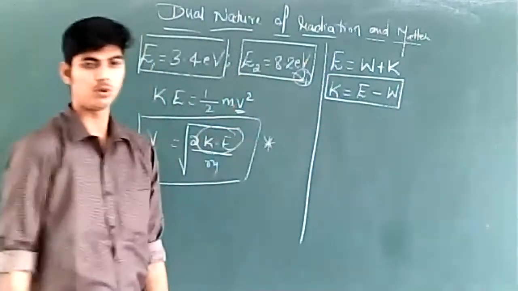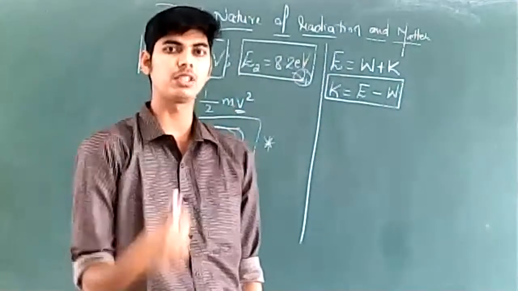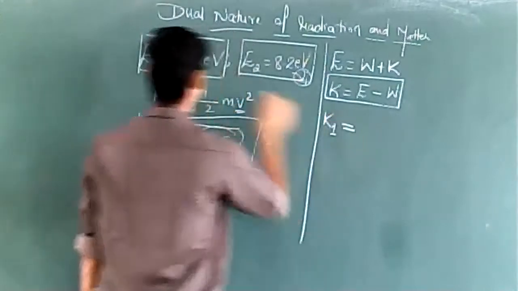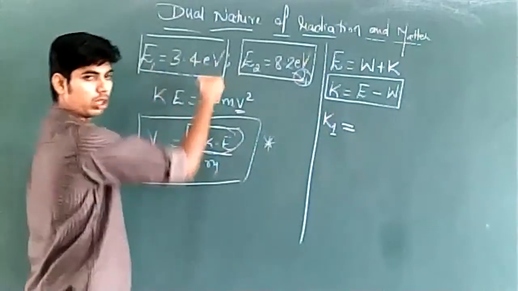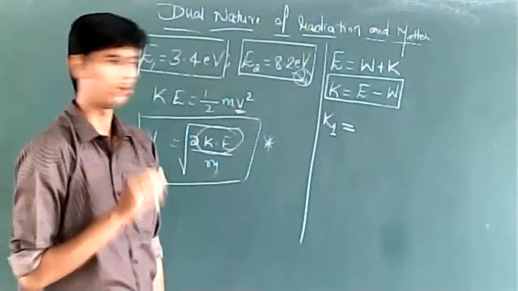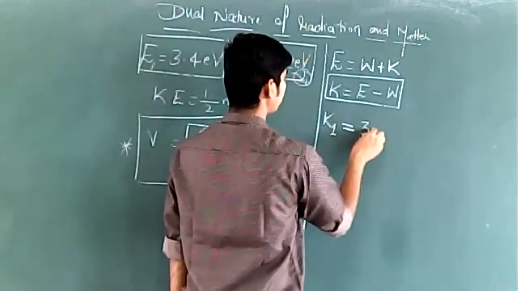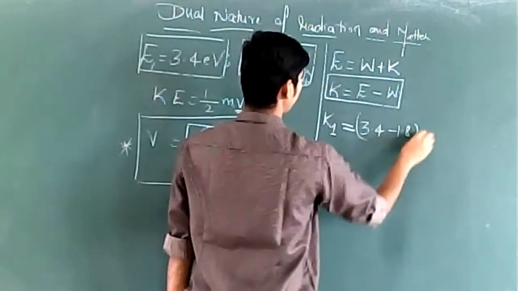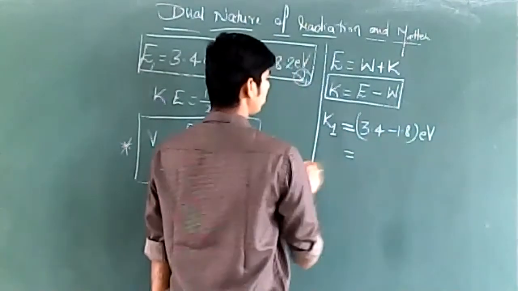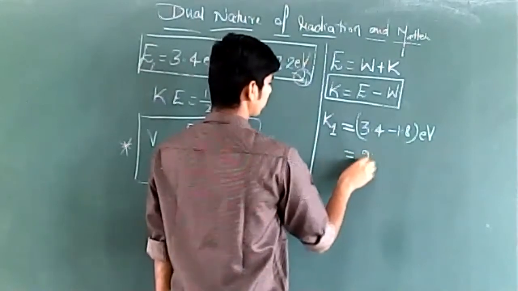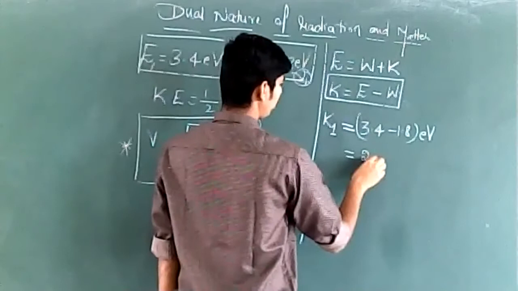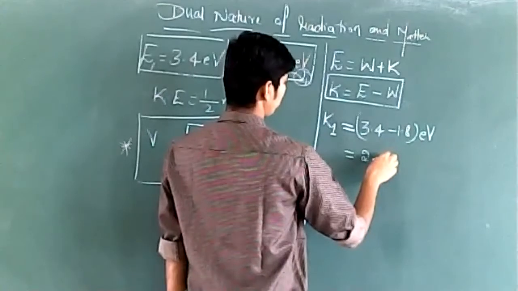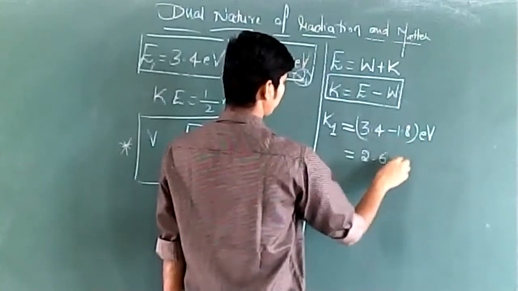So kinetic energy of the electron in the first case, when photons of energy 3.4 electron volt are incident on the metal surface, will be 3.4 minus 1.8 electron volt. This must be equal to 1.6 electron volts.